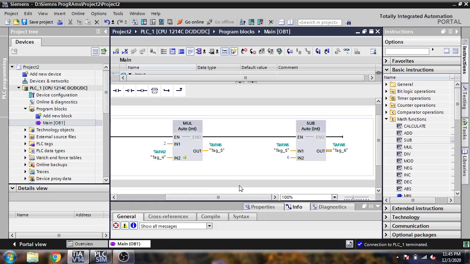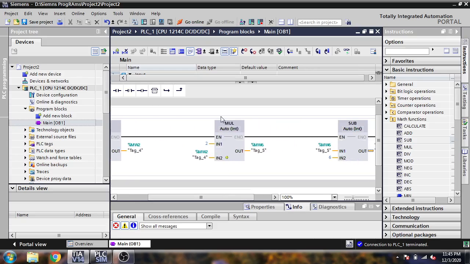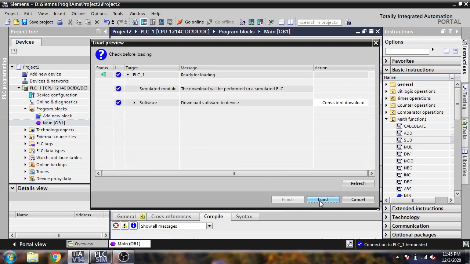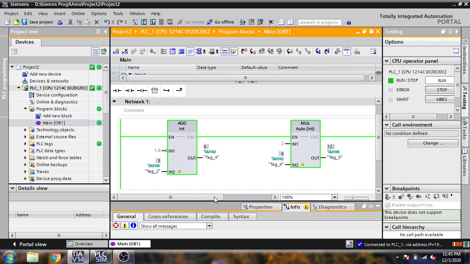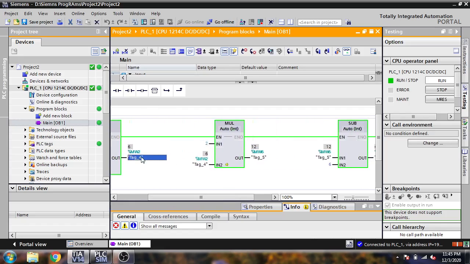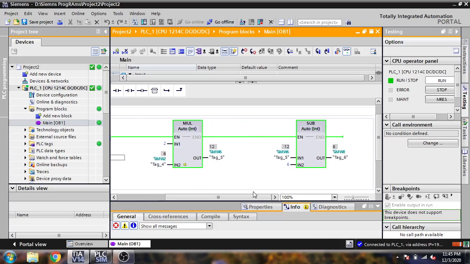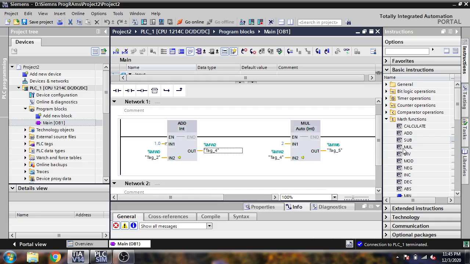You will see how it works. I am going to compile that again, download into my PLC again, and go online. You will see it performs 1 plus 5 is equal to 6. Now 2 multiplied by 6 is equal to 12, and 12 minus 6 is equal to 6. So that's how the subtract function is done there.